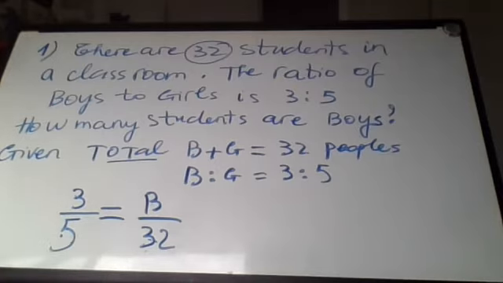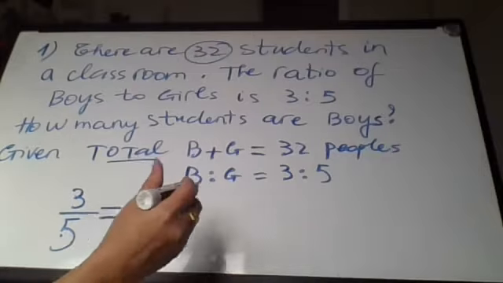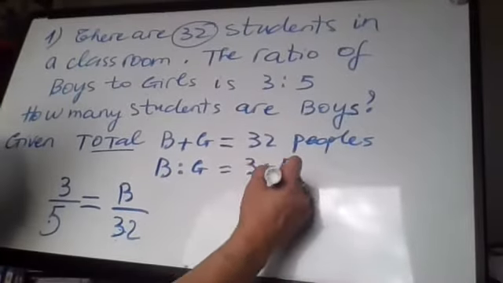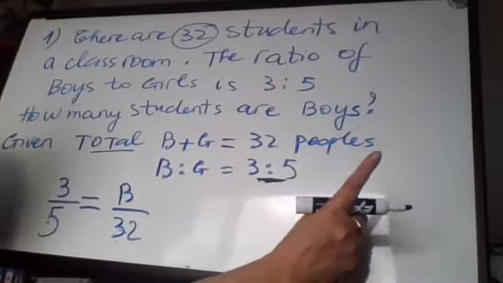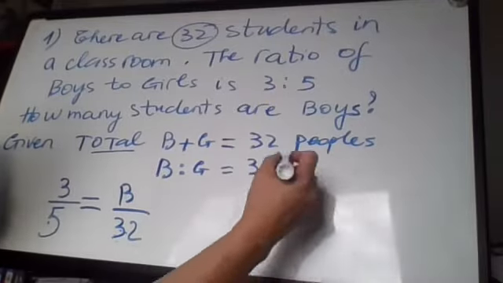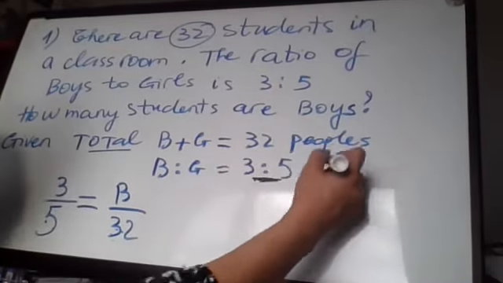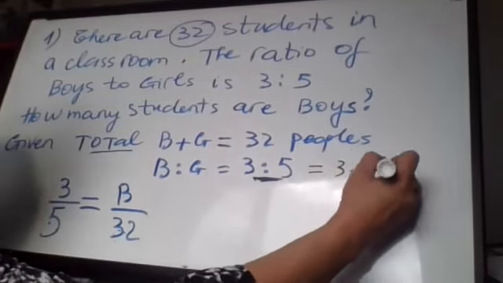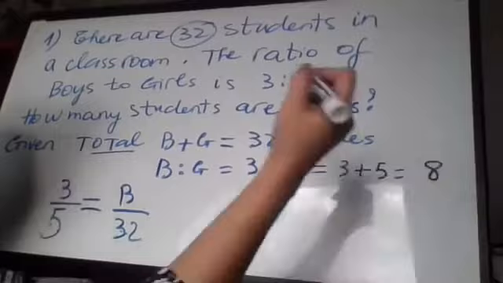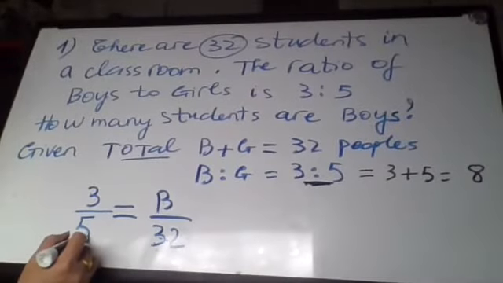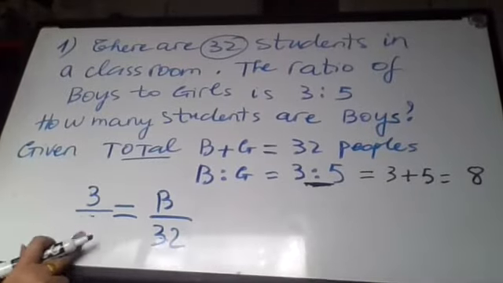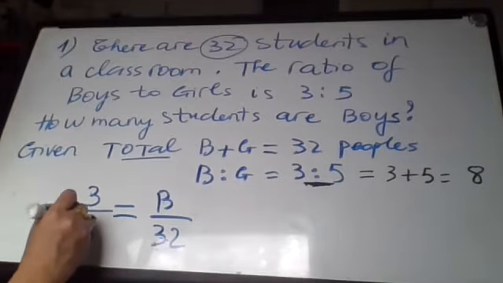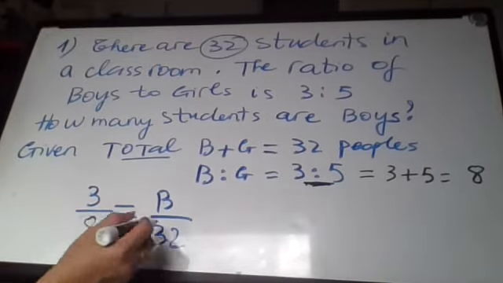But it will be correct if we add the ratio, because this is a part-to-whole ratio. If we add the total of boy and girl here, 3 plus 5, which is 8, then instead of putting the number 5, we can put the number 8 down here, and that will be a correct ratio.